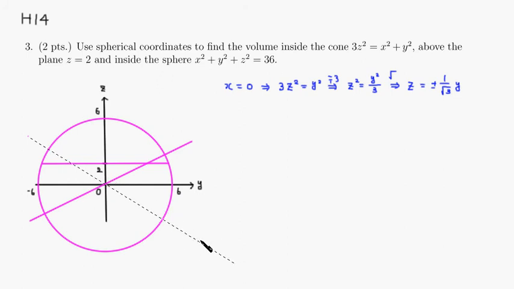Actually, it's not good, I'm going to do a better job. It looks more like this. So this is going to be inside, so I'm going to shade the region. This is the region we have.